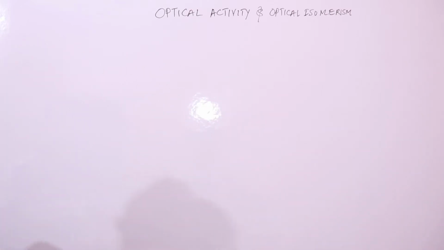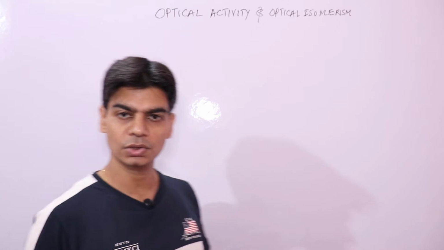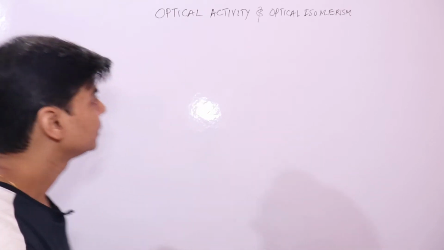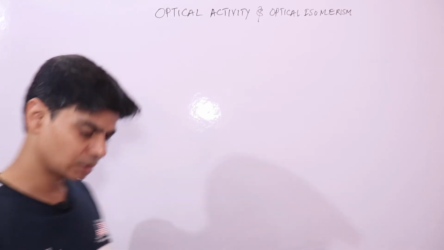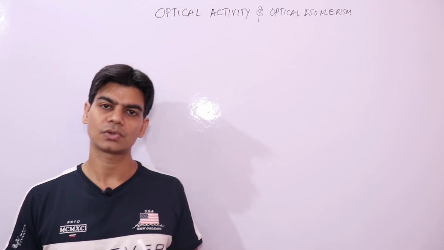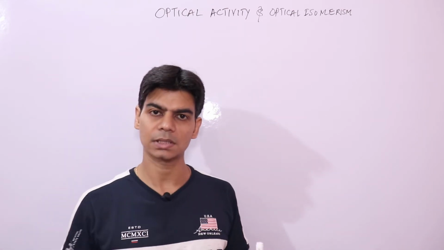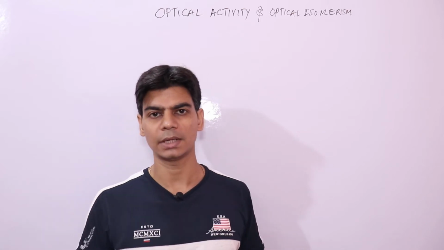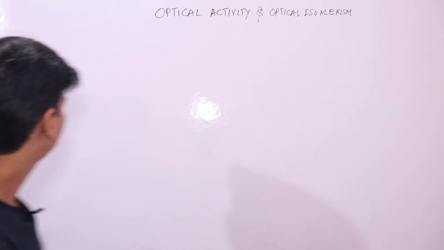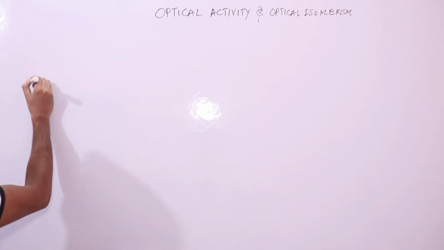We will first understand what optical activity is. To understand optical activity, we will talk a little about light. We know that ordinary light, like sunlight, is vibrating in all possible directions, in all possible planes.